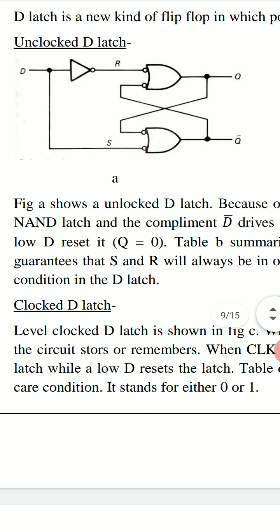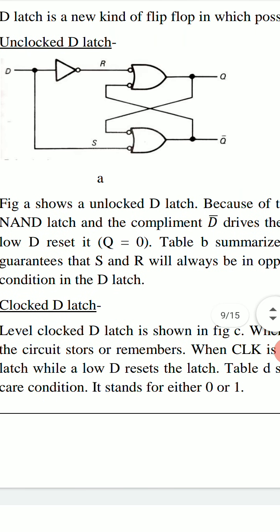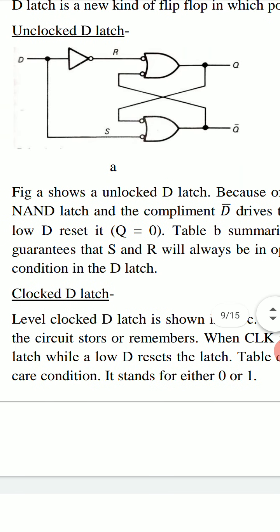Hence, output Q will be low, that is 0. So, if data bit D is 1, then output Q is 1, and if data bit D is 0, then output Q will be 0.